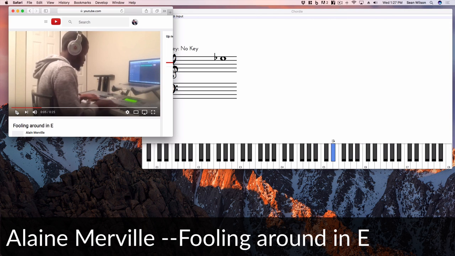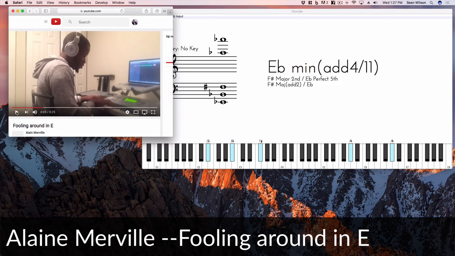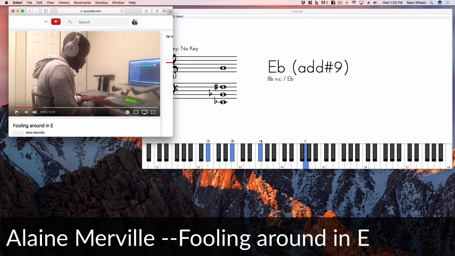And then what is he playing in that left hand there? Yeah, it sounds like he's playing just an E minor. Okay. So it'll be, and then he goes down. So he looks like he's going for the Lydian here.